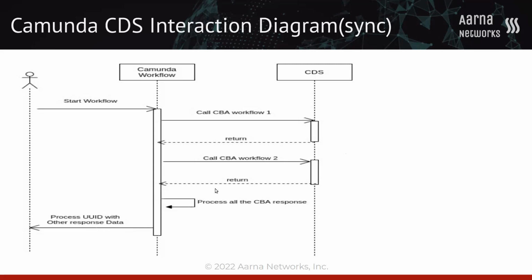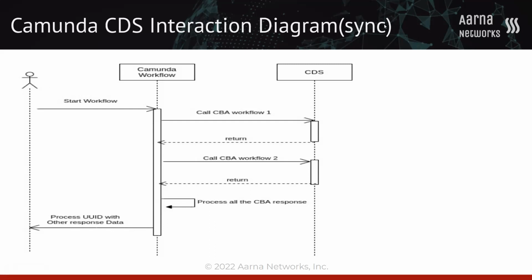Here in the workflow, we can consolidate all the responses which we received from the CBA, and whichever format we have to return back to the caller, we can put it in that format and return back to the consumer. Each process will have a unique ID, what we call the process UUID.